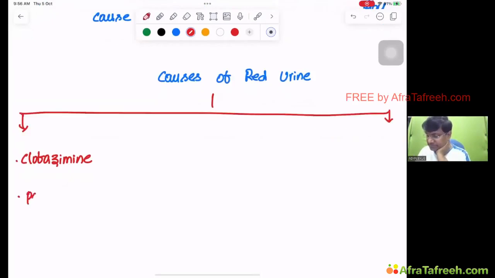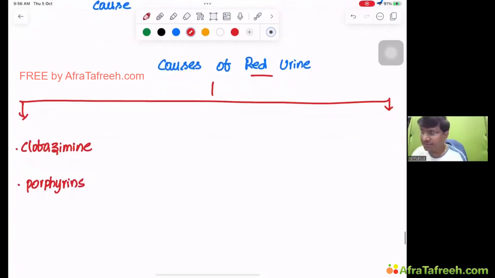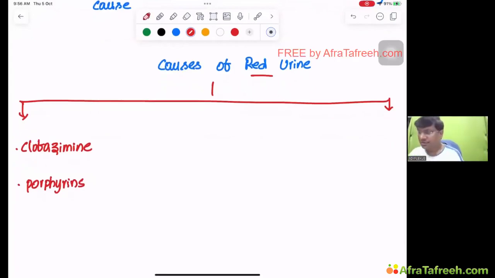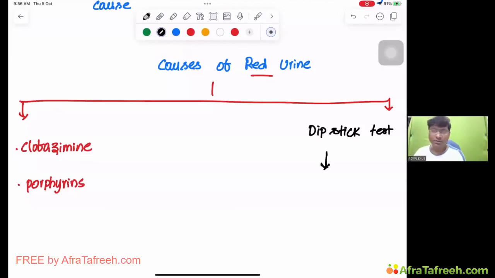Then porphyrins. Even this will cause red urine. Okay. Now, what you have done is you have taken that red urine sample and done a dipstick test in order to check if there is any presence of RBCs.